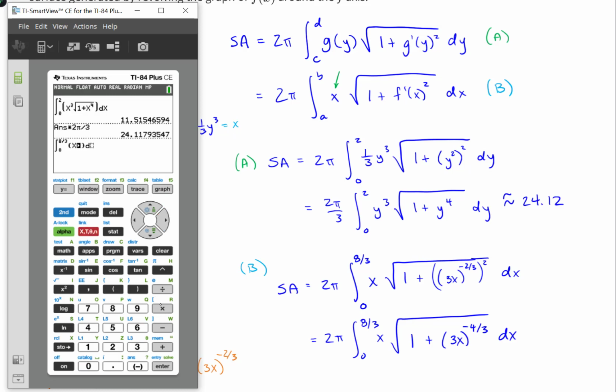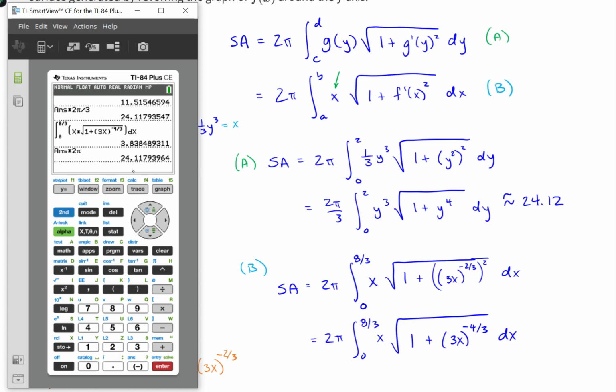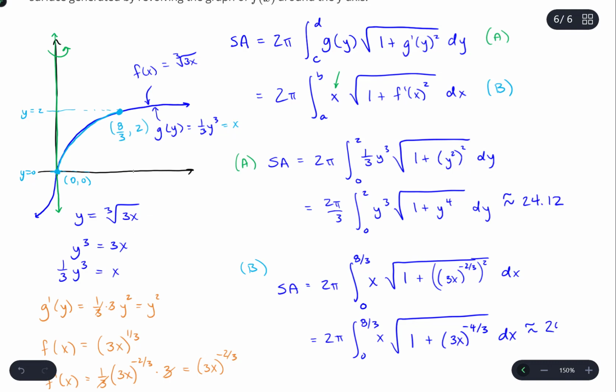So x times the square root of 1 plus, then in parentheses, 3x raised to the negative 4/3 power dx. Make sure I've got that all in correctly, and that, we multiply that by 2 pi. There we go, 24.12 again. So we result in the same value.